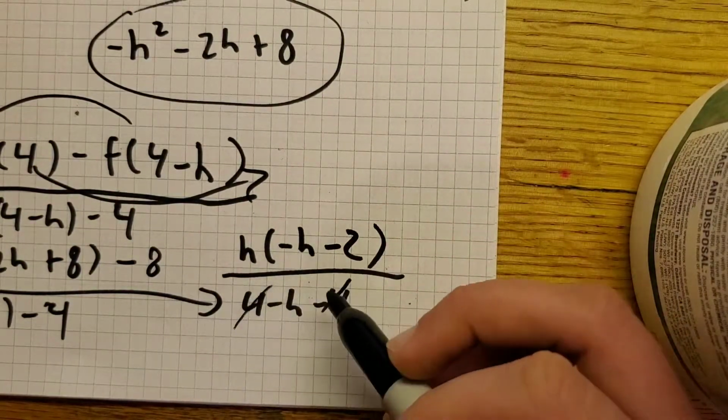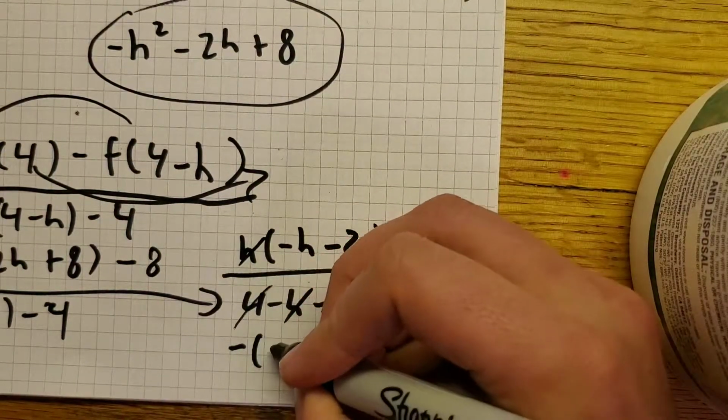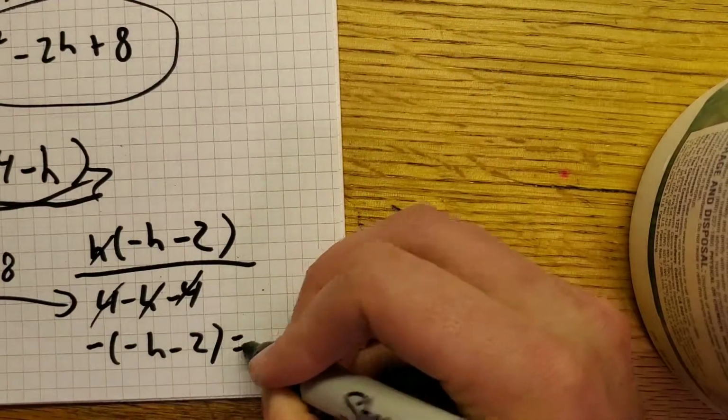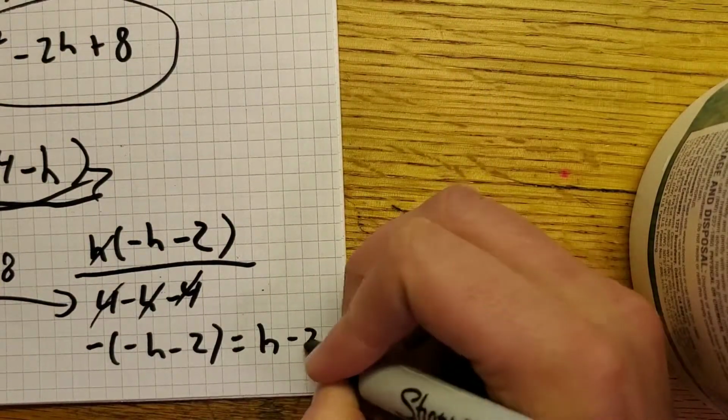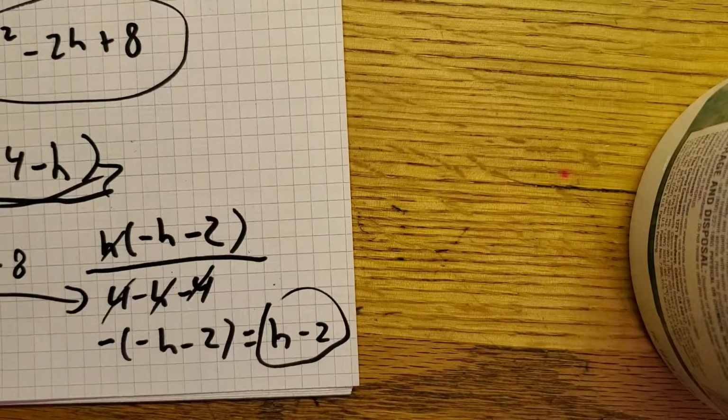These two cancel each other out, and then these two cancel each other out, and you're left with negative h minus 2, which equals h minus 2. Schnazzy. And so those are the basics for the average rate of change.